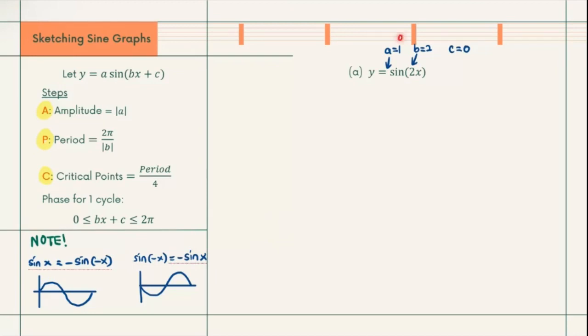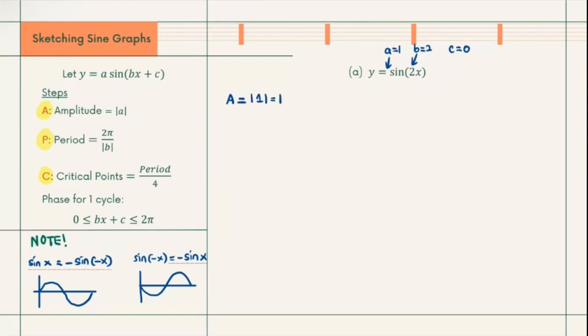Yang selalu kita akan gunakan adalah value of a dan juga value of b. So a ini akan identify our amplitude. So daripada amplitude kita akan dapat tahu minimum dan juga maximum of our function. Okay, so based on this, our a will be equals to 1, sebab kita dapat modulus of 1 will be equals to 1.